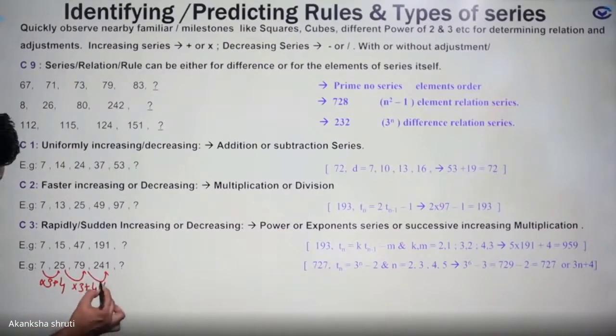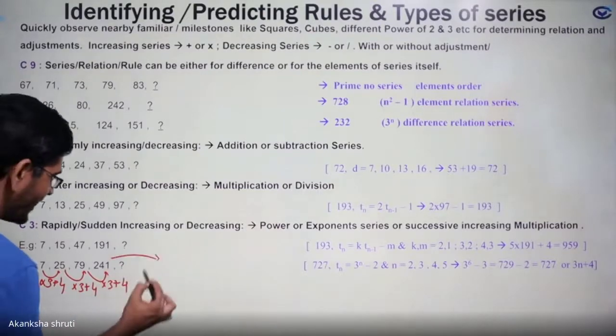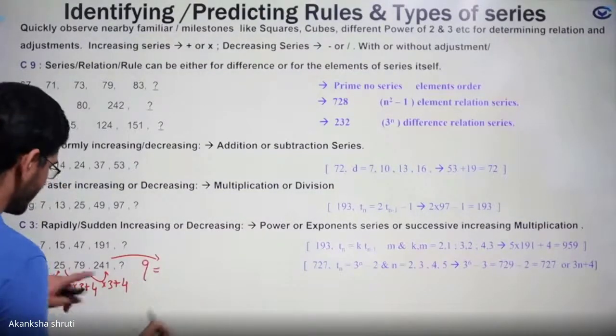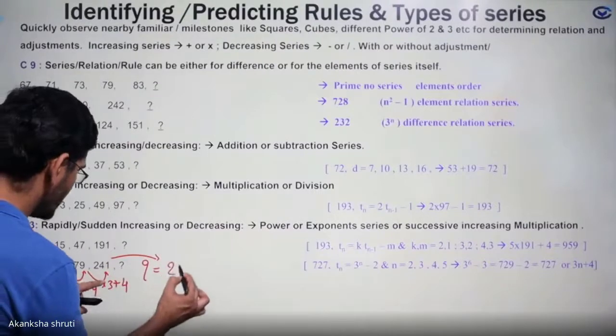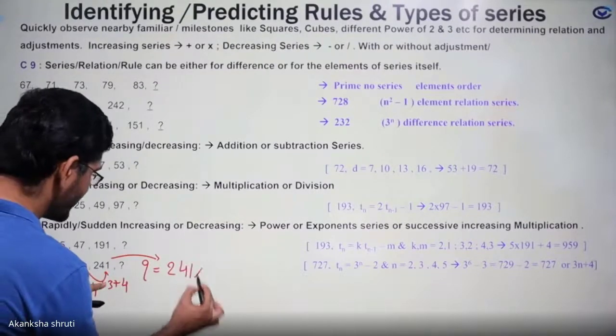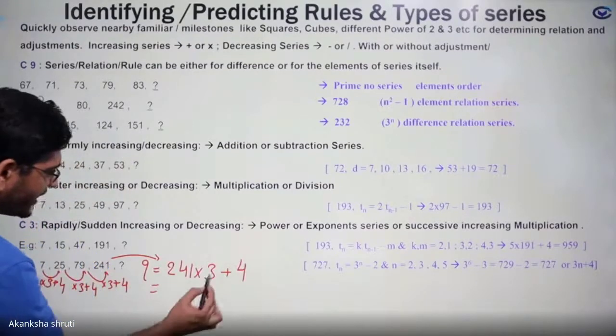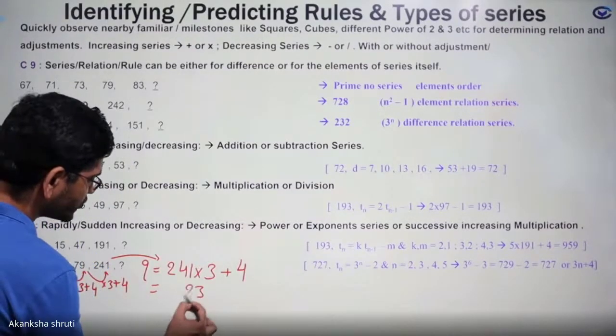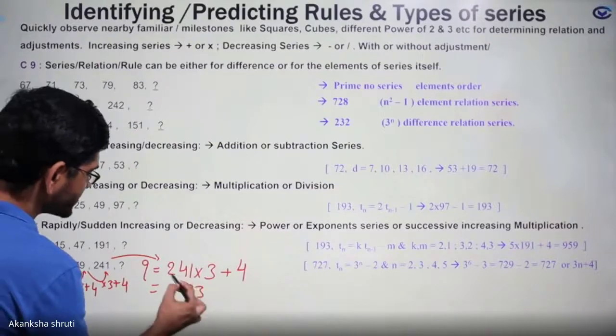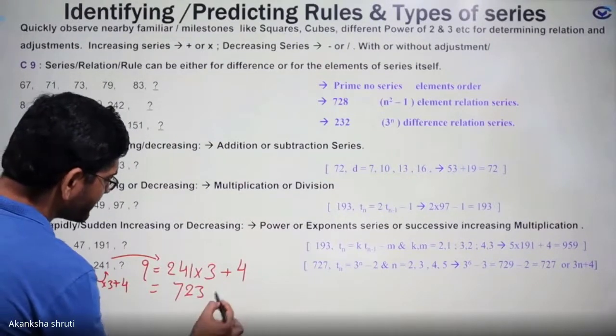So it is into 3 plus 4. What we are getting? Multiplied by 3 plus 4 is also applicable. So if we are going by that way, what can we determine by 241 multiplied by 3 plus 4? Go for doing this. It is 3, 2 and 7 plus 4.